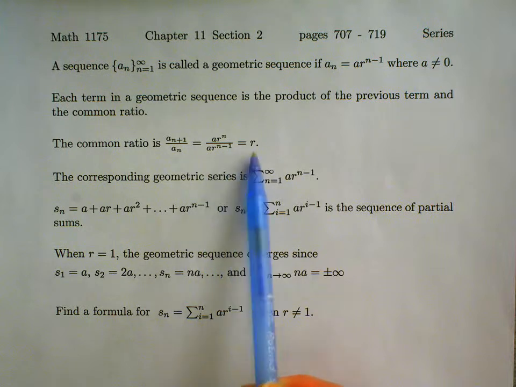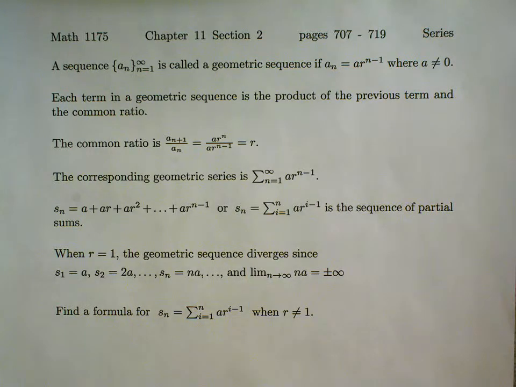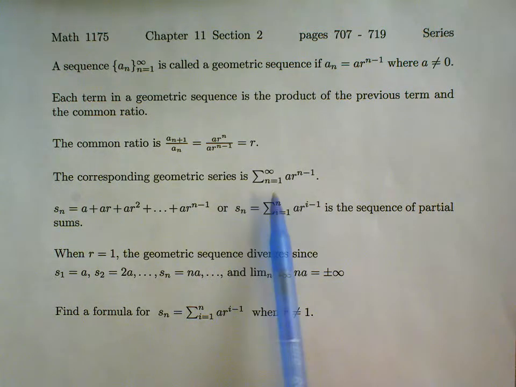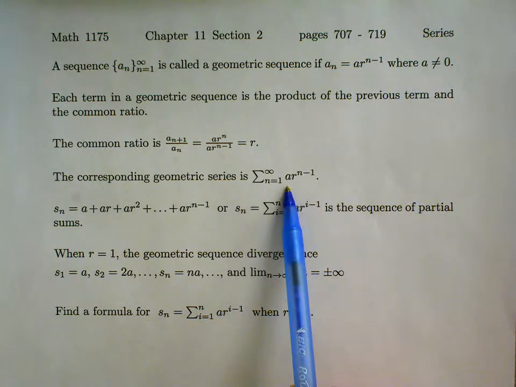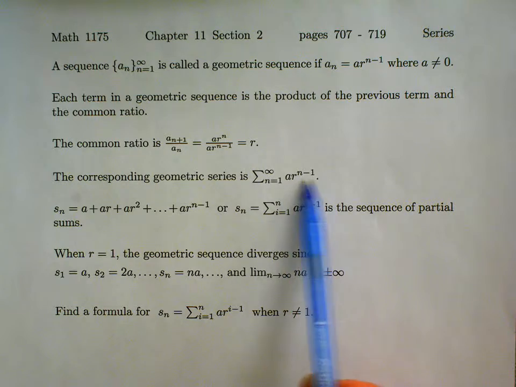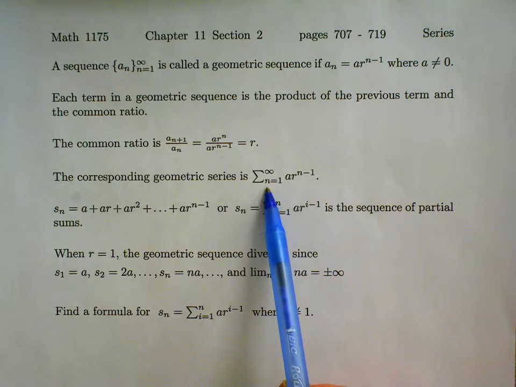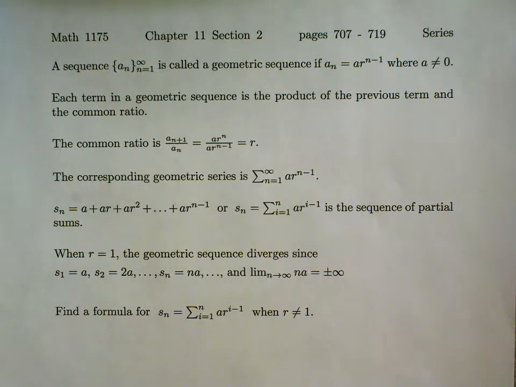And this simplifies to r. So this number r is referred to as the common ratio. And the corresponding geometric series is denoted this way. It's the sum of the terms a times r to the n minus 1 as n ranges from 1 to infinity.